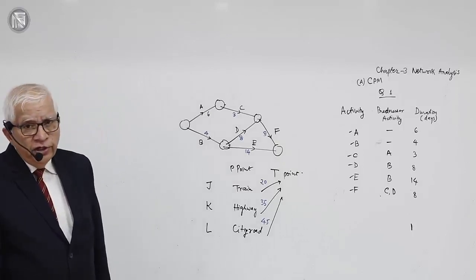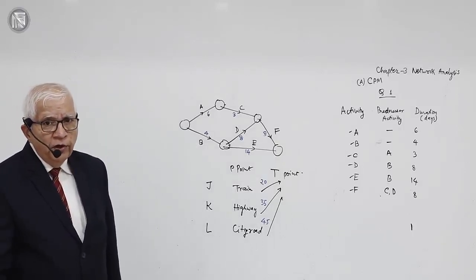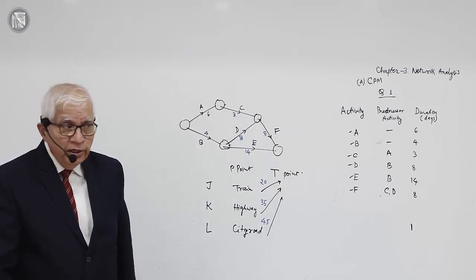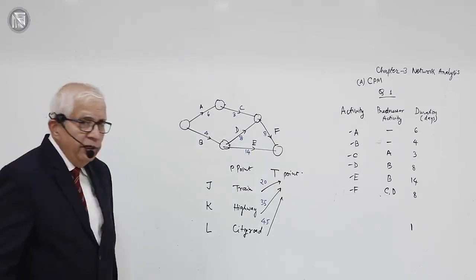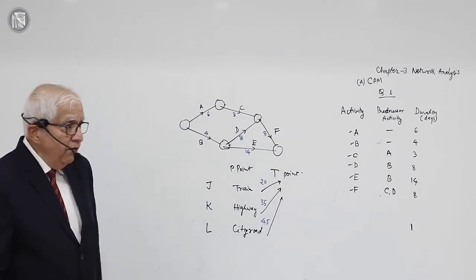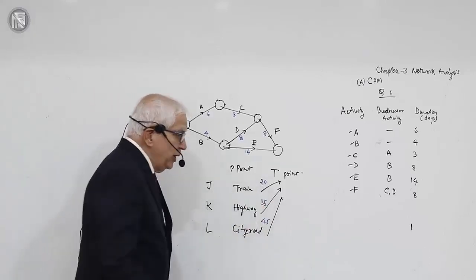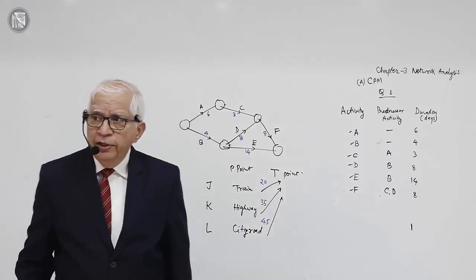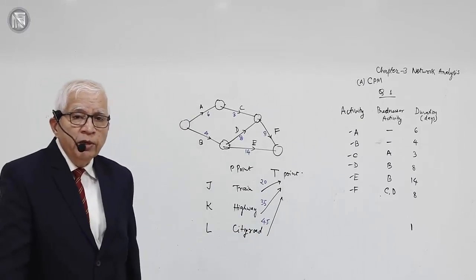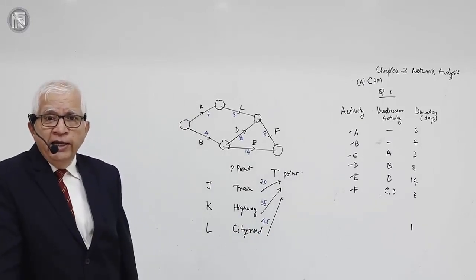They are going to reach in 20 minutes out of the total 45 minutes, by which time all the teams will have reached. So they have 45 minus 20, or 25 minutes extra available with them. They can do anything they like within these 25 minutes.